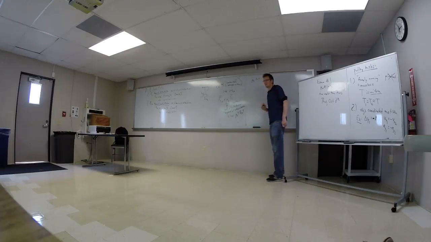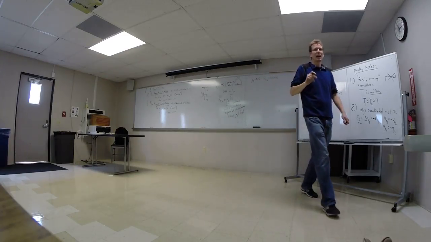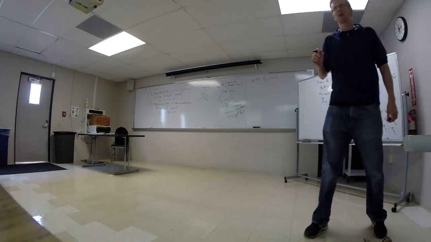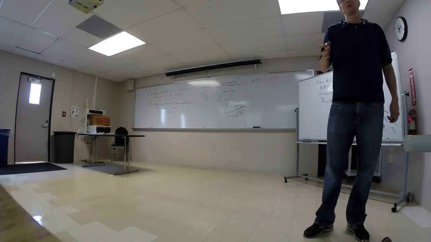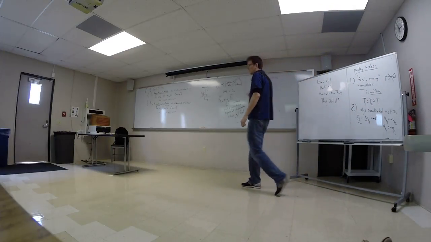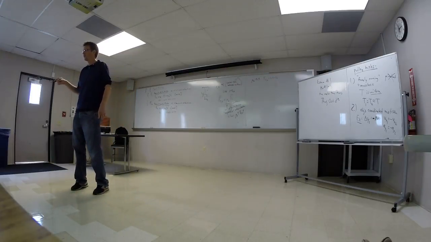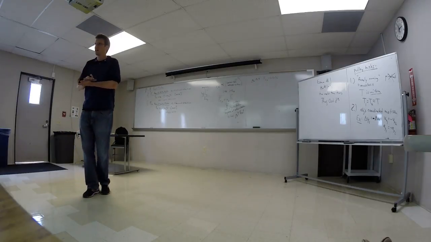So if mu k, say, is 0.5, you looked up the certain roughness, surface roughness is 0.5. That means that on this surface, the force of friction will always be 0.5 times the contact force. So you get half as much force of friction parallel to the surface as you do contact force that they're being pushed into each other. Okay? And again, please don't take that as 0.5 newtons. That's not what it is. It's 0.5 or half of whatever the contact force is. You can always increase the frictional force by increasing the contact.